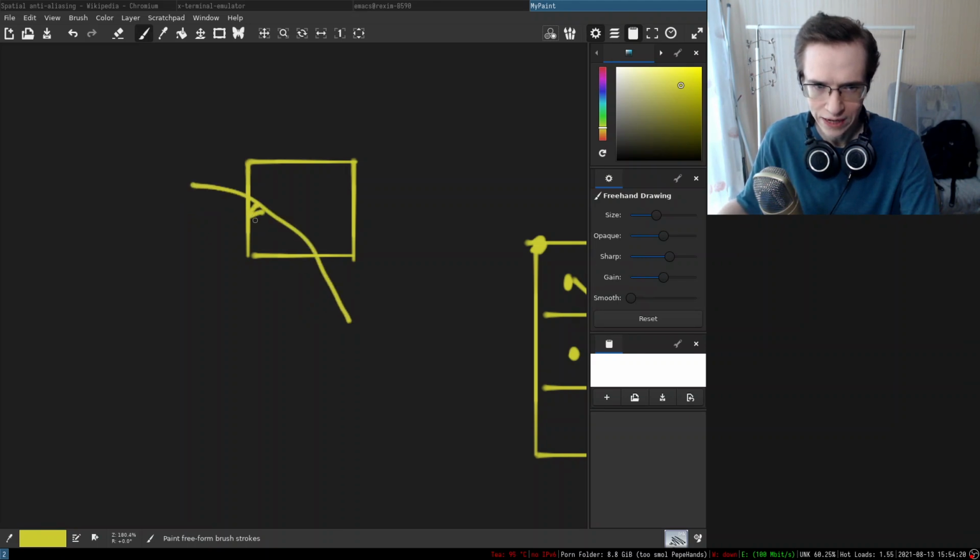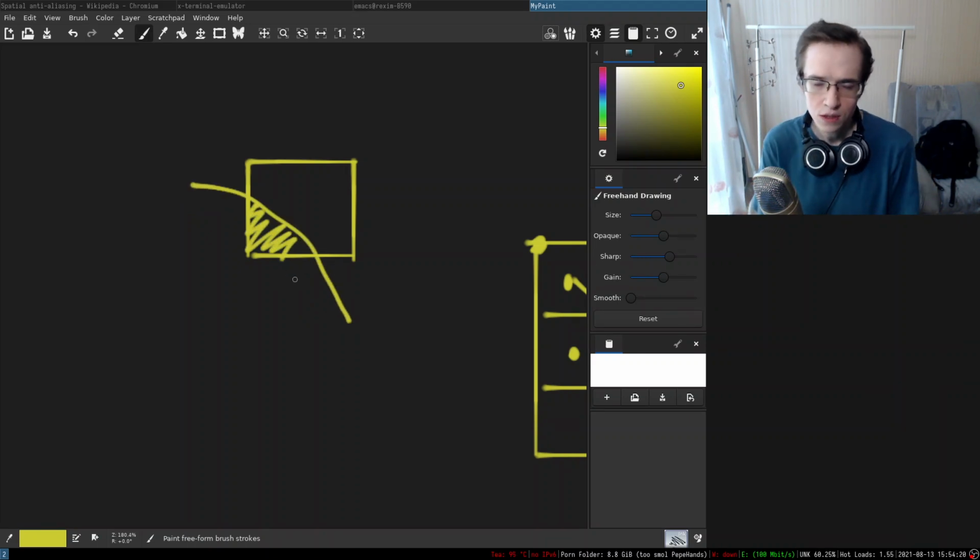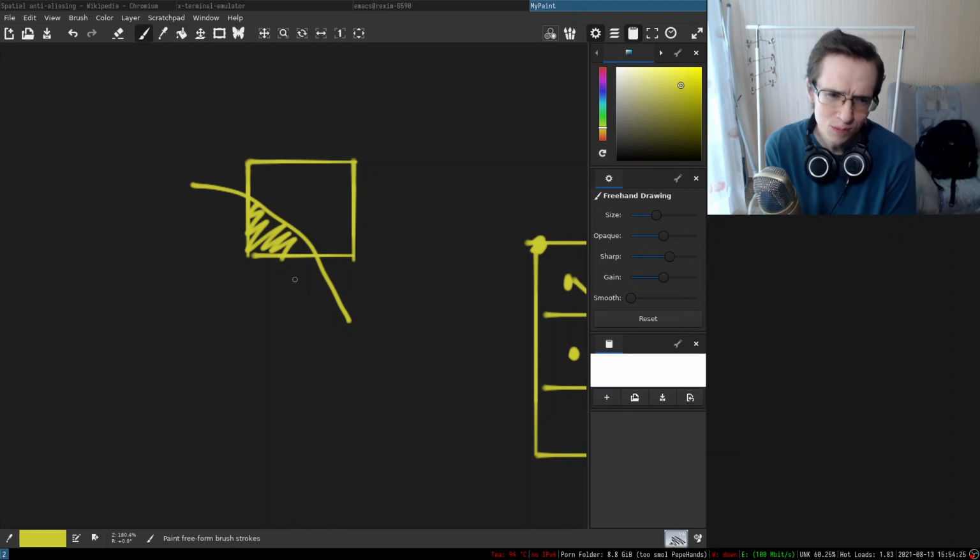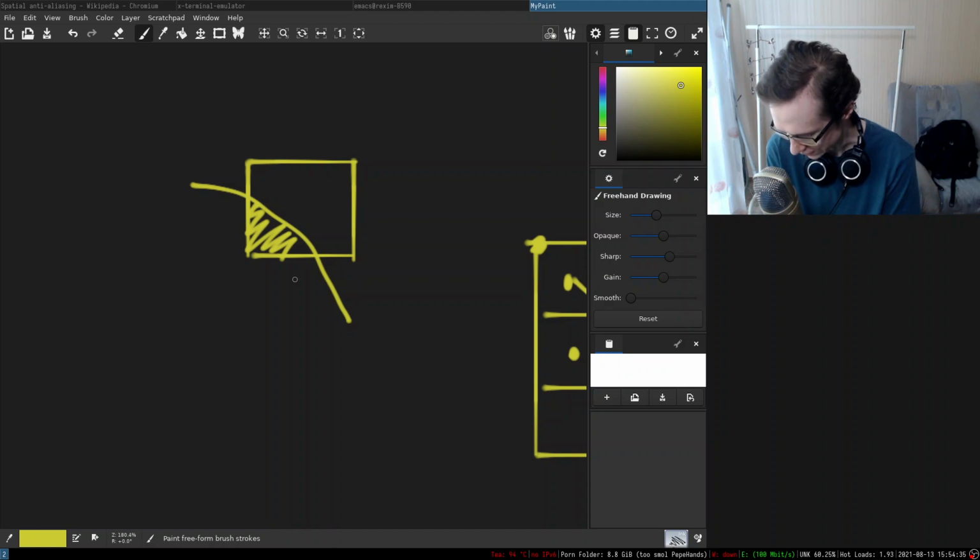The area of this intersection is kind of too much for an anti-aliasing thingy, because you have to solve this problem on each individual pixel, which is computationally intensive, I think.